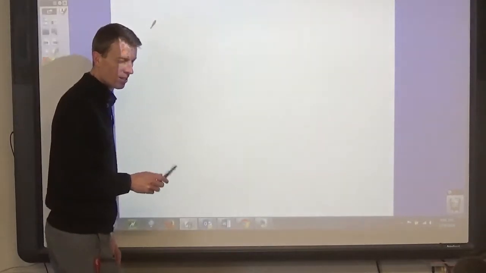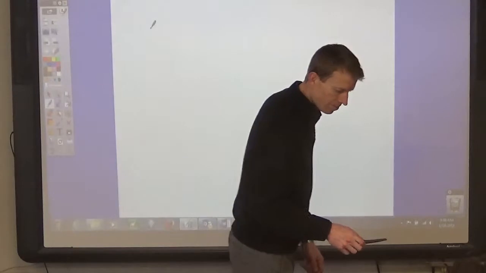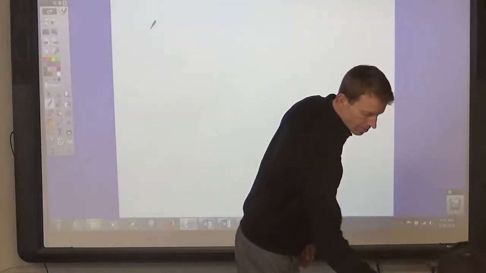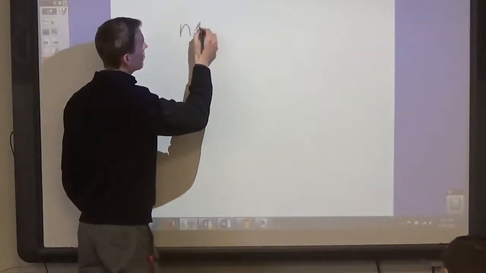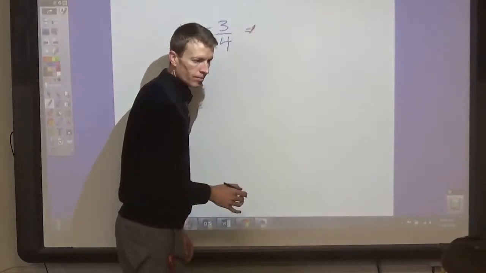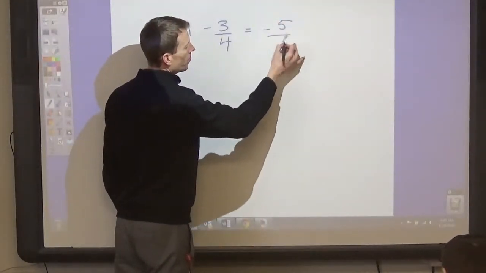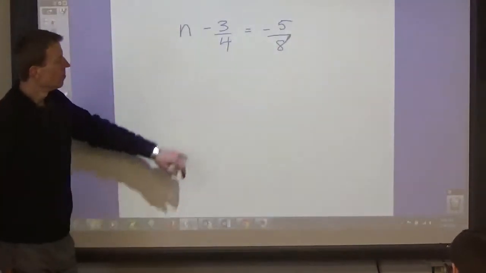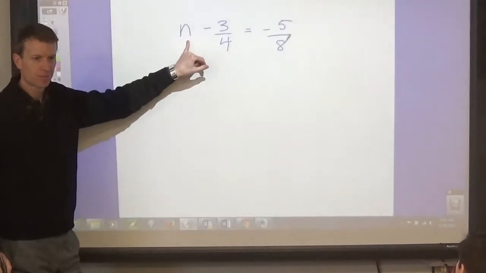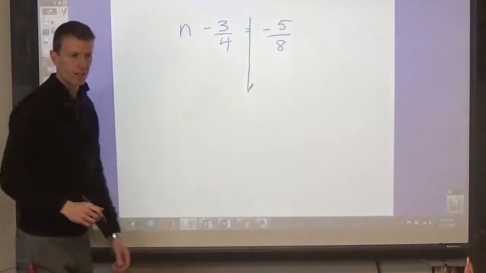Example 2, it says, solve equals, all right. What's the first thing you should do when you're solving this? Draw a line. Close enough.